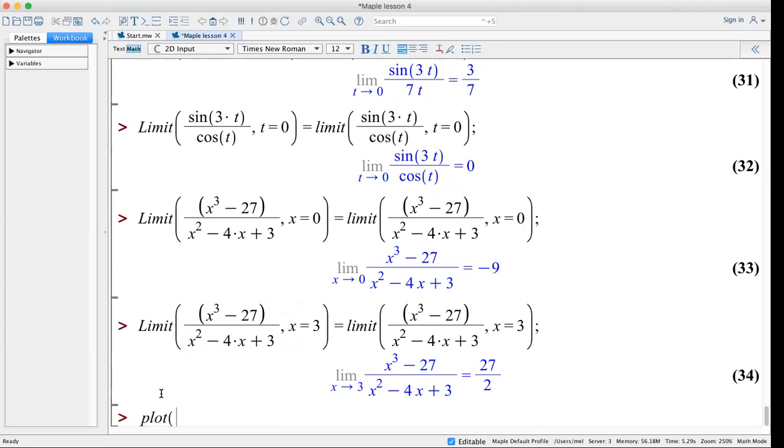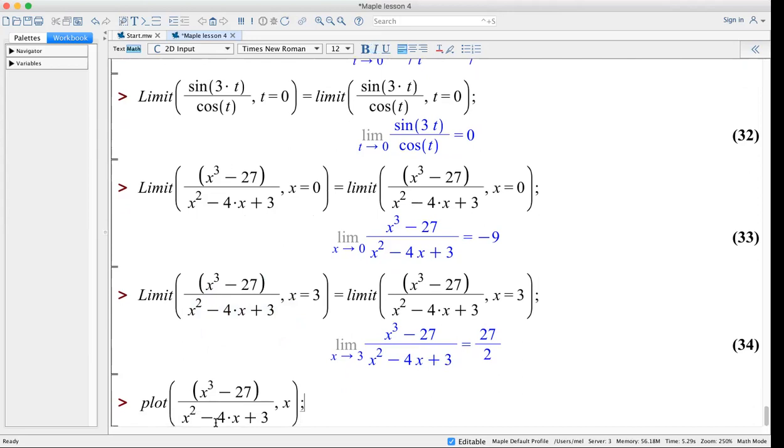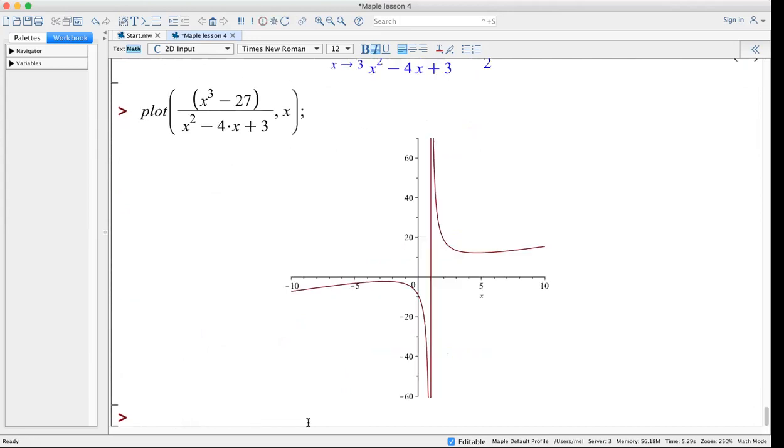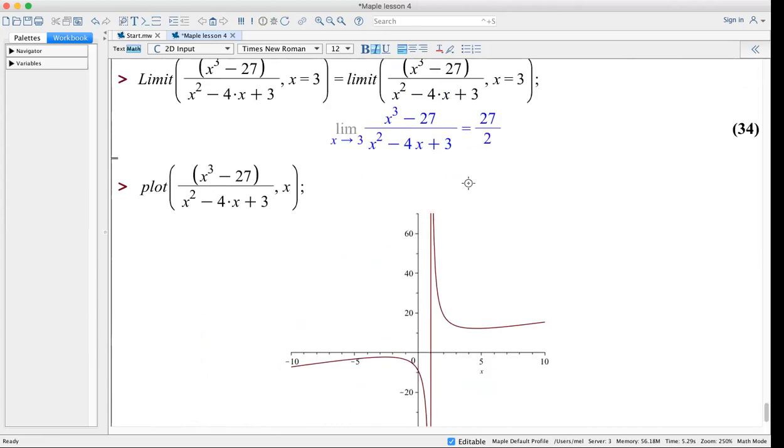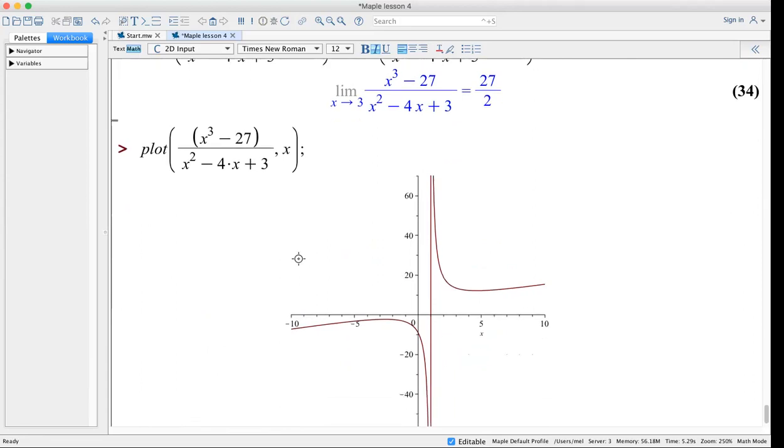Let's check by graphing this function. Suppose I plot this. So this says that there is a vertical asymptote here, but at x equals 3, it has the value 13.5. Why is that?